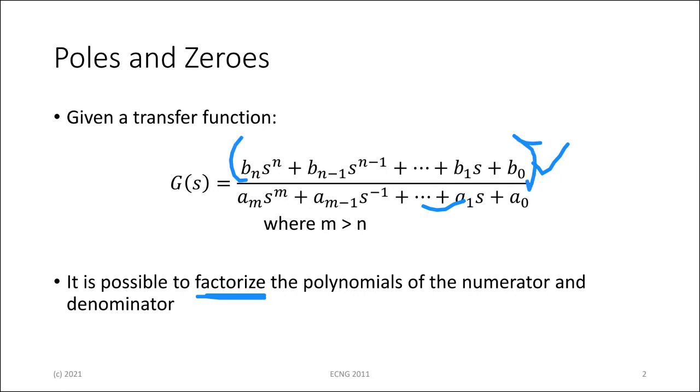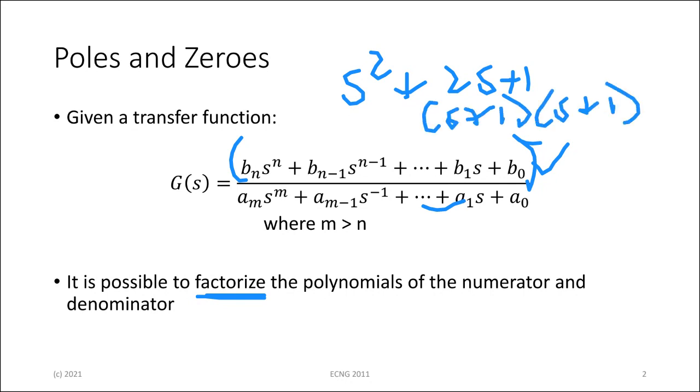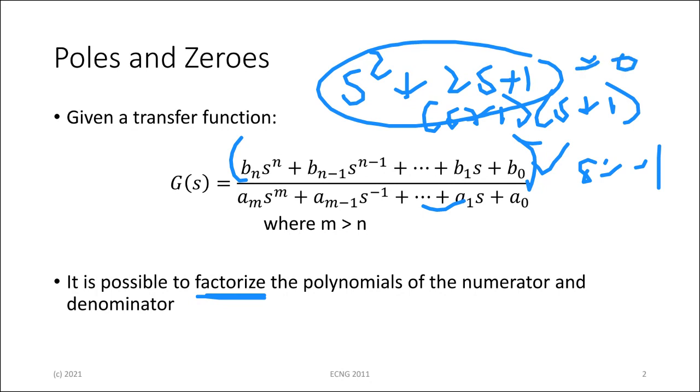So if I give you s squared plus 2s plus 1 and tell you to factorize it, and you tell me s plus 1 into s plus 1, it means that s equal to minus 1 is a root. If I put s equal to minus 1 inside here, this expression is equal to 0. It is a root. Yeah?